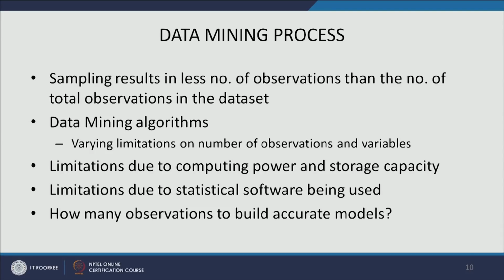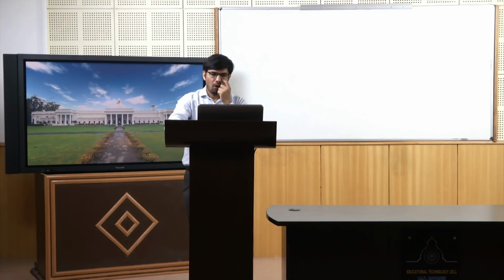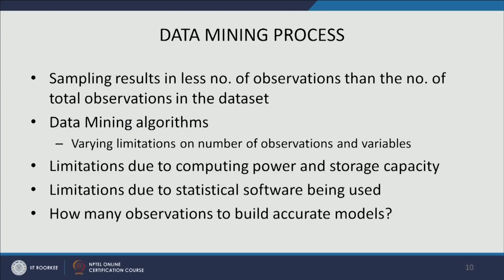Now limitation can also be due to computing power and storage capacity. The available computing power and storage that you have for your analytics purpose can also either lower the speed or limit the number of observations or number of variables that can be handled. Similarly, limitation can also be due to statistical software.